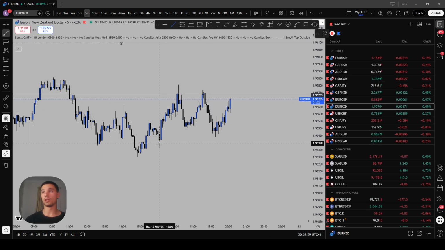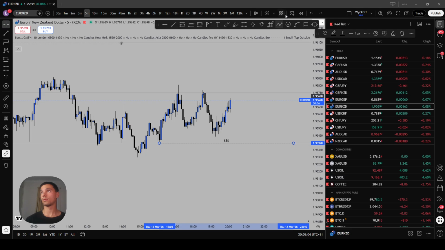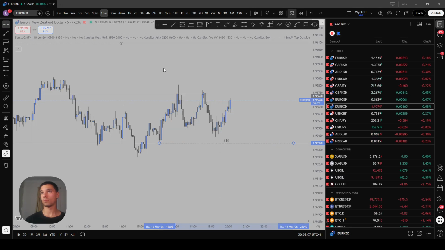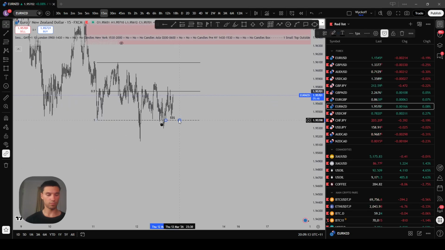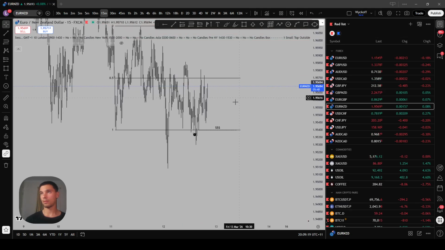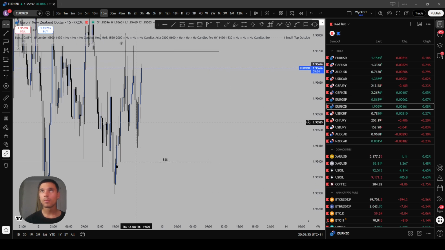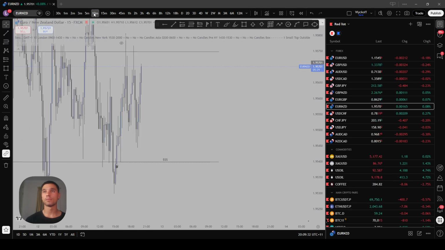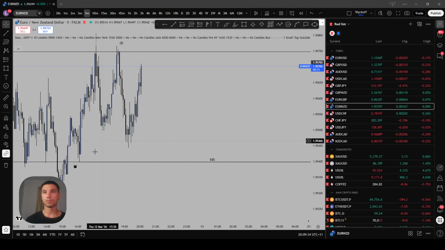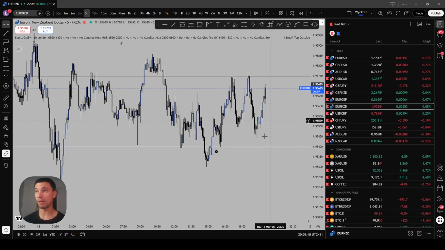We can leave this below as extreme liquidity. This accumulation model might even complete itself without price coming back for this extreme liquidity.